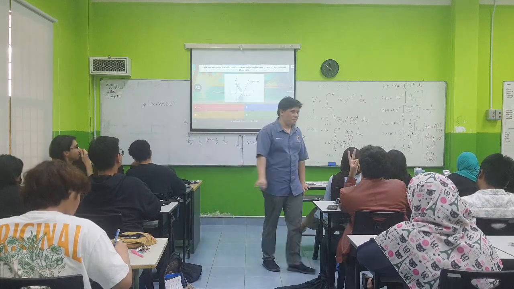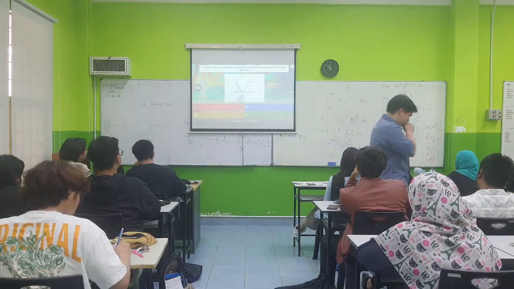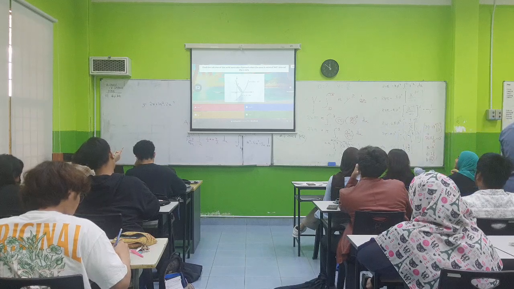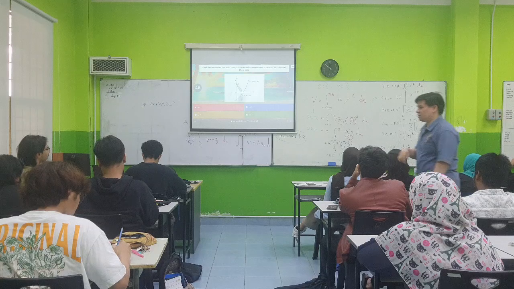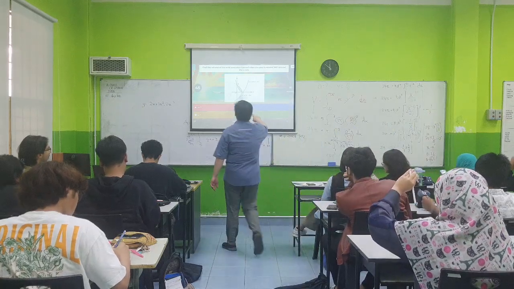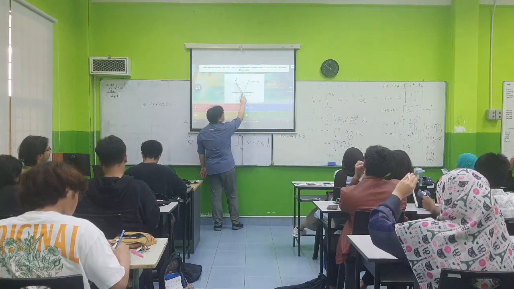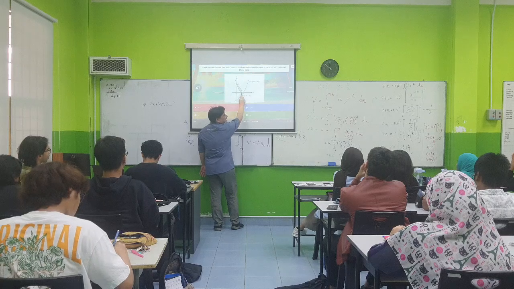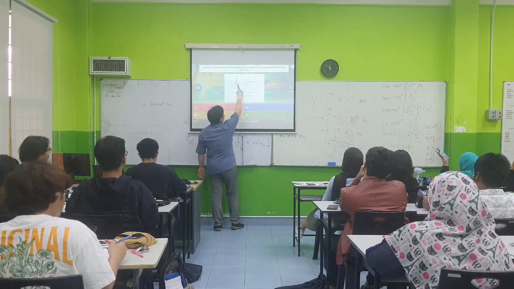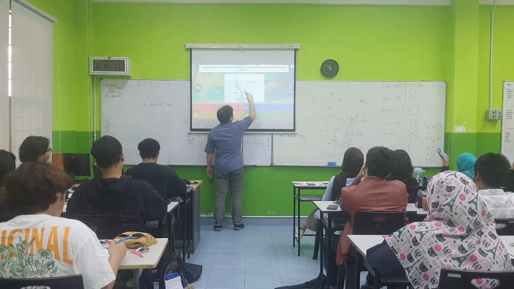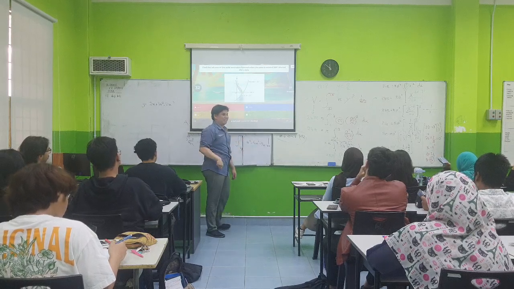Find this first. This point is how much? It's basically half. So integrate under this minus integrate under this. Simple. Use your calculator lah.